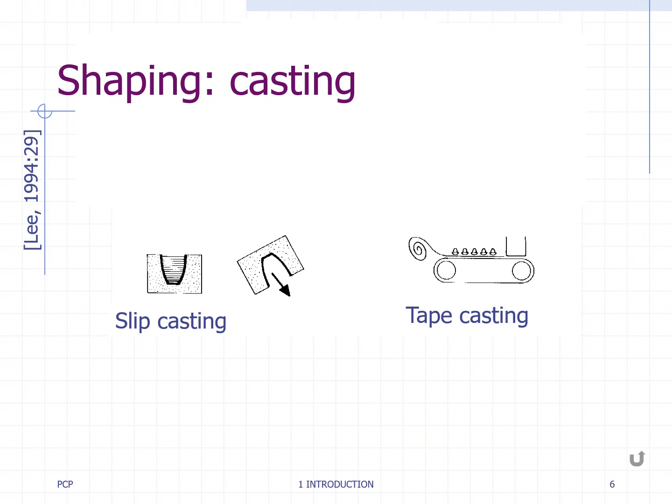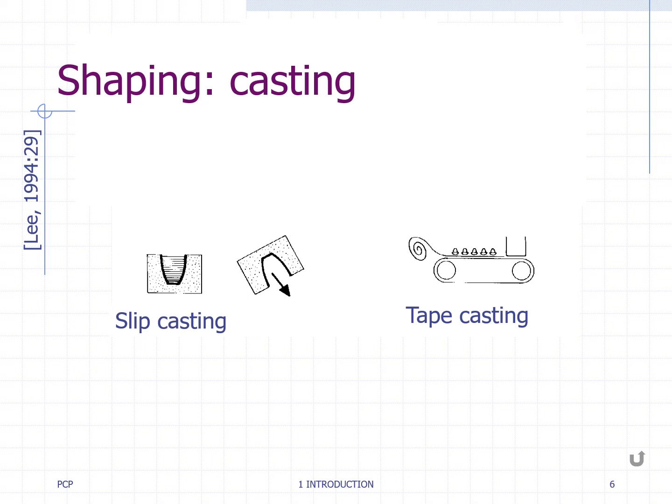Finally, our third group of shaping is generally known as casting, such as slip or tape casting. To cast means to let a liquid or slurry flow either into a porous mold to render complex shaped pieces or onto a moving plastic band through a so-called doctor blade, which levels up the height of a moving suspension.